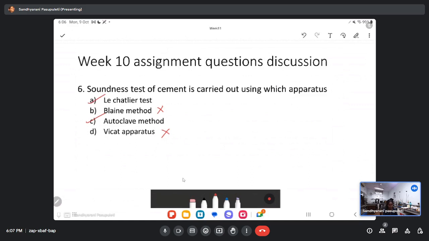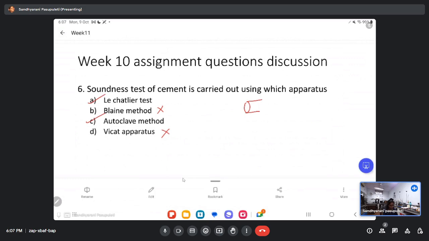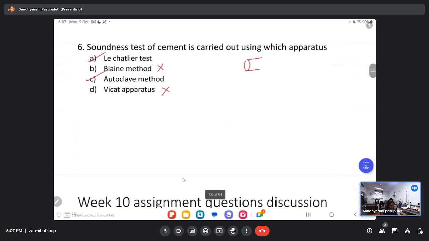If we could remember, we have a cylindrical type of brass ring in which we usually place our cement and we subject this to heat cycles and also a water bath and also drying conditions. We observe the expansion of the material. So based upon that we understood the soundness of the cement. So these are the two test methods.